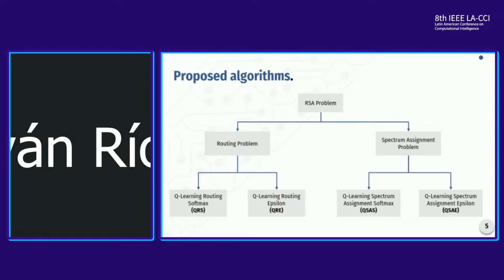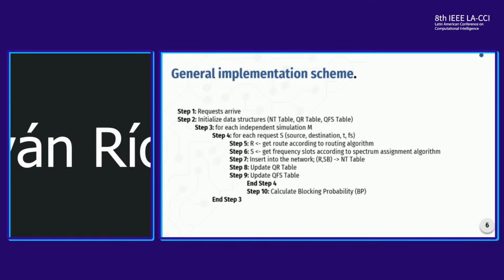And softmax, or Boltzmann, is a technique of softmax exploration that uses the Boltzmann distribution function to assign a probability to the actions to create a graduated function of estimated value.